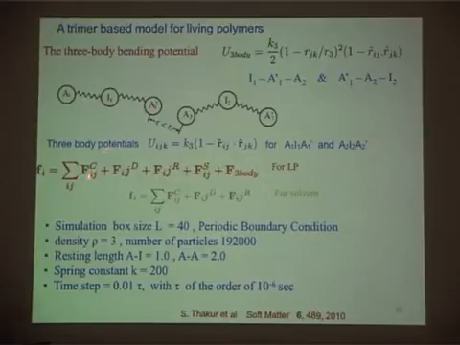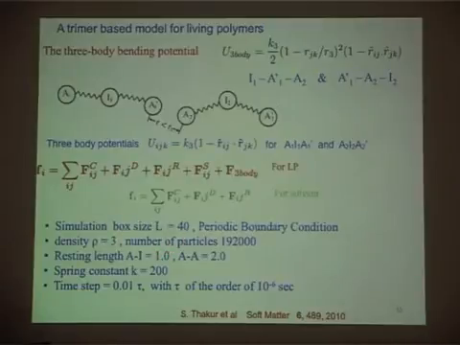You have a conservative force, the normal DPD conservative force, and the dissipative and the random, and then you have this N bead interaction, and then another three-body interaction. So that's the whole thing.